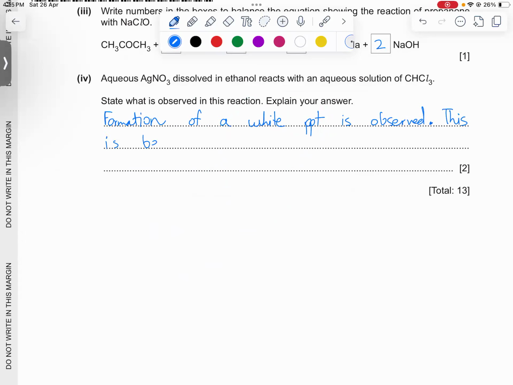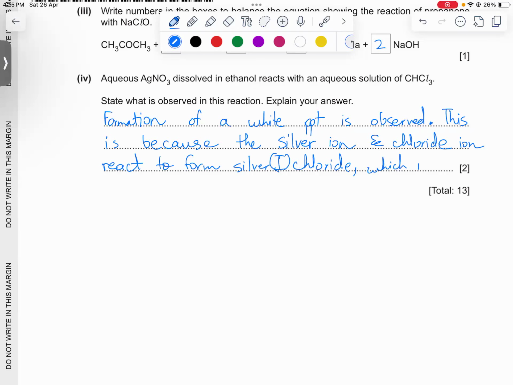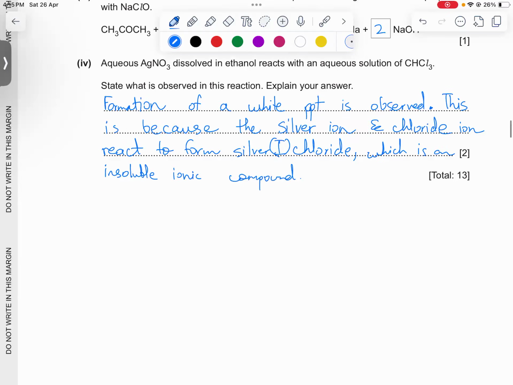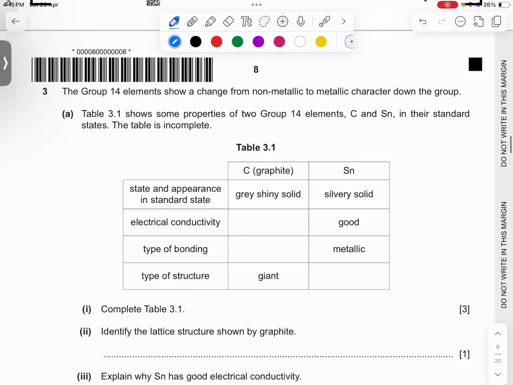This is because the silver ions and chloride ions react to form silver chloride, which is an insoluble ionic compound. All right, so this is how you want to explain that. I mean, there was nothing much in it.